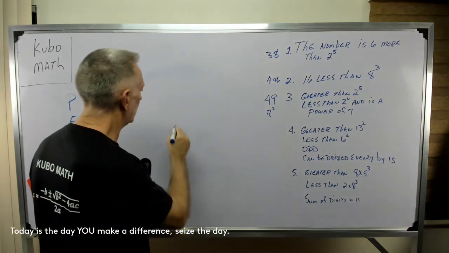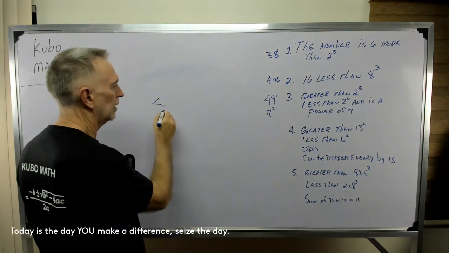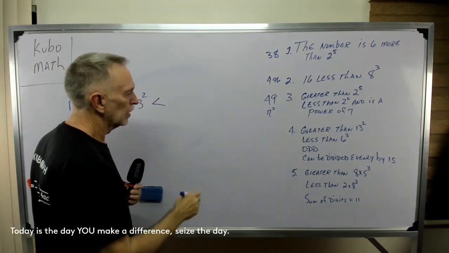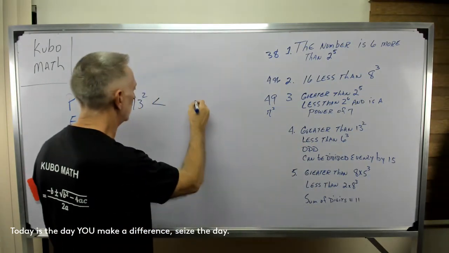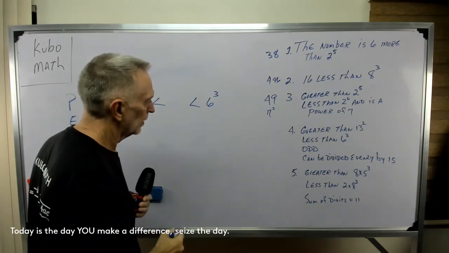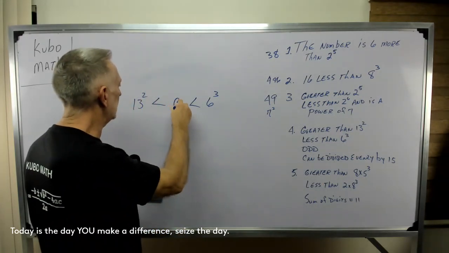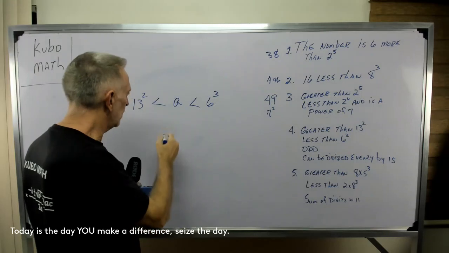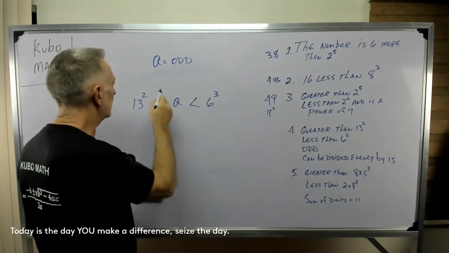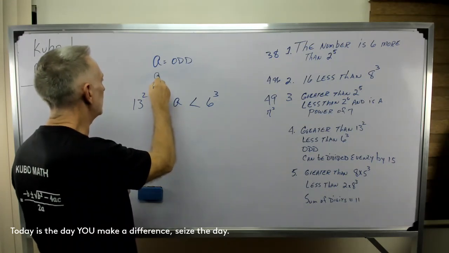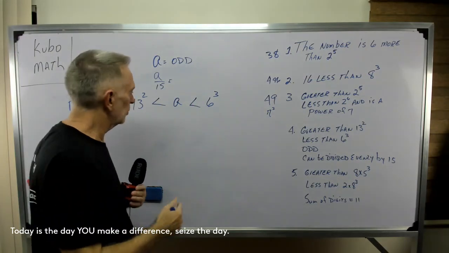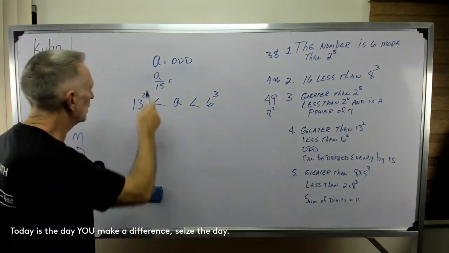So I've got A in here. But A is an odd number. A is odd. And I can divide it evenly by 15. So A divided by 15 goes in with no remainder, is what they're saying. But it's an odd number.